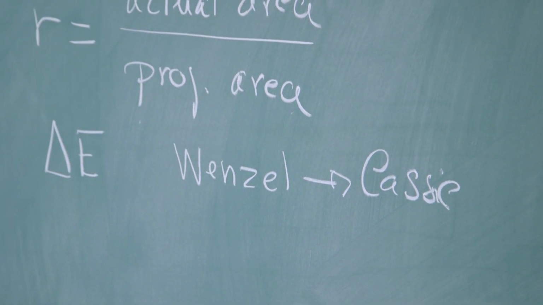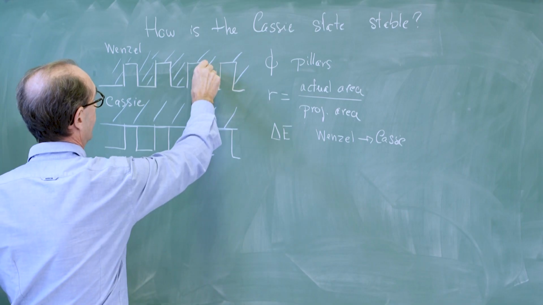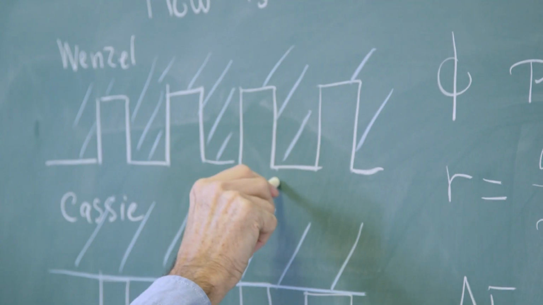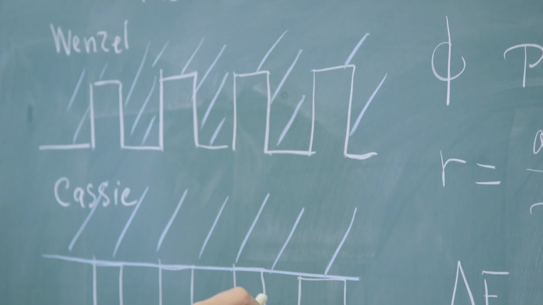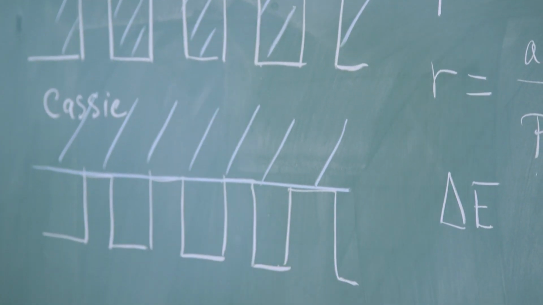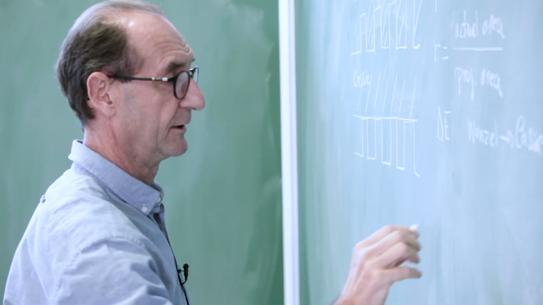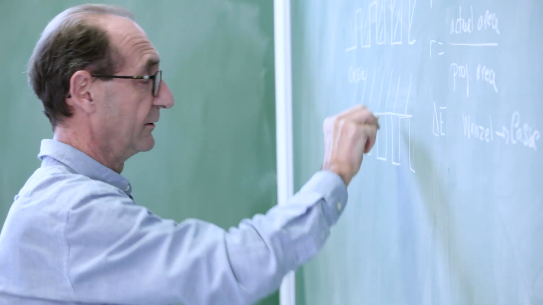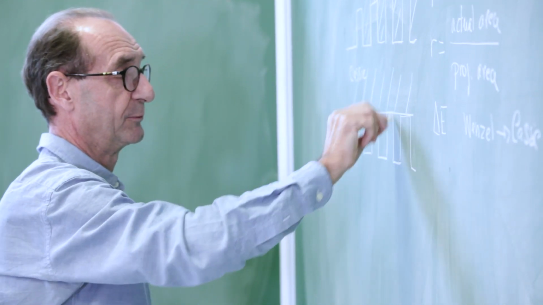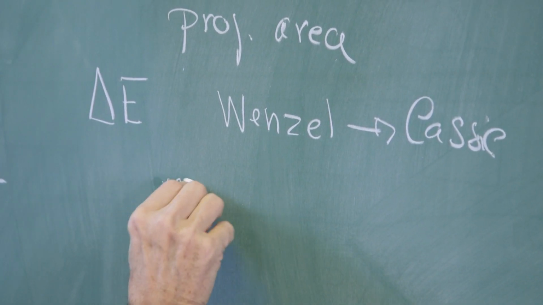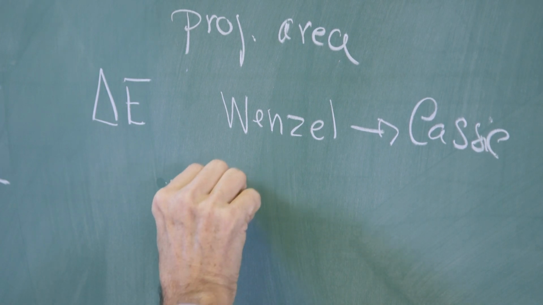When I do this, you can see that I'm starting in the space between the pillars from a surface which is wetted by the liquid to a surface which is covered by the gas. So the difference in energy is the area of the space between the pillars, which is the roughness R minus phi.